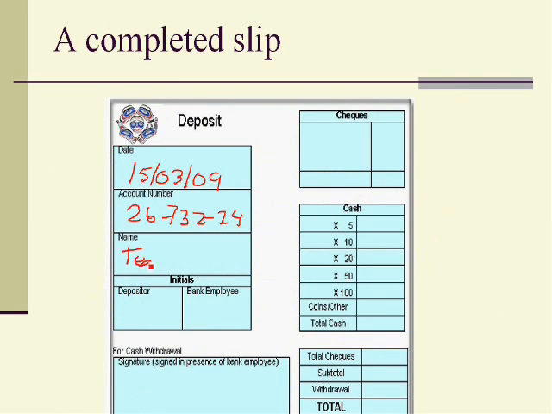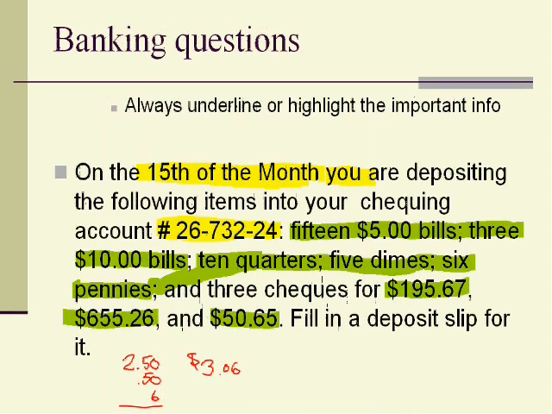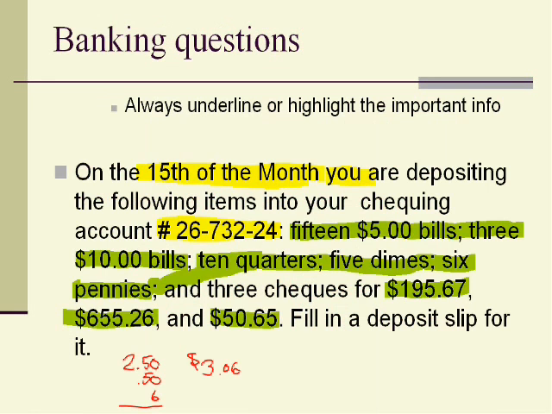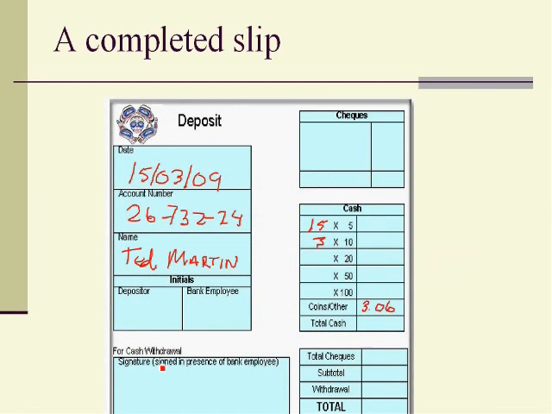And I am depositing 15 $5 bills and 3 $10 bills. I've already added up the coins. I got $3.06 in coins. And then I have my checks, $195.67.